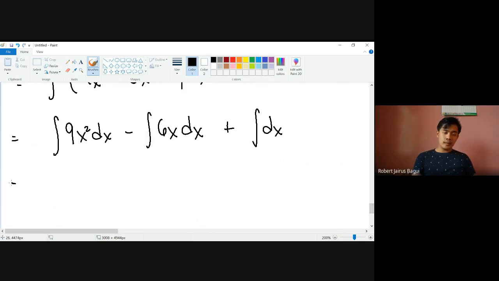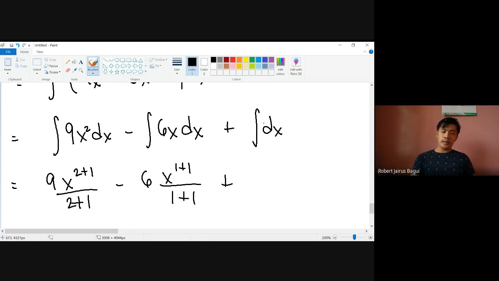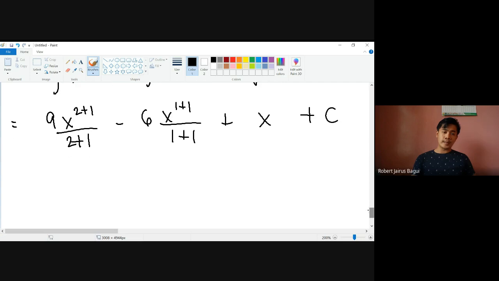This would be 9x plus 1 all over 2 plus 1 minus 6, 1 plus 1, 1 plus 1. Then dx, so simply x. And yung pinakadulo nga, kumbaga parang pinagsama-sama na yung constant, so plus c.